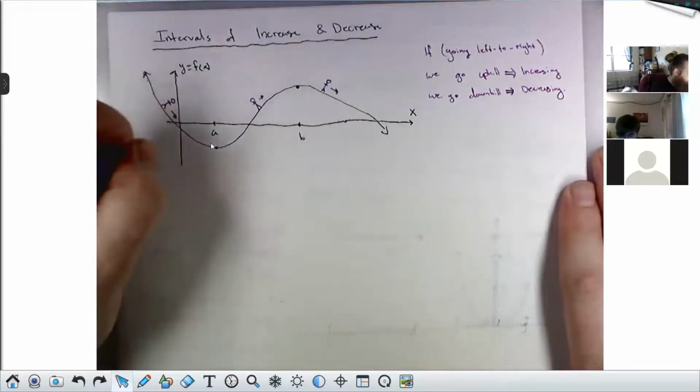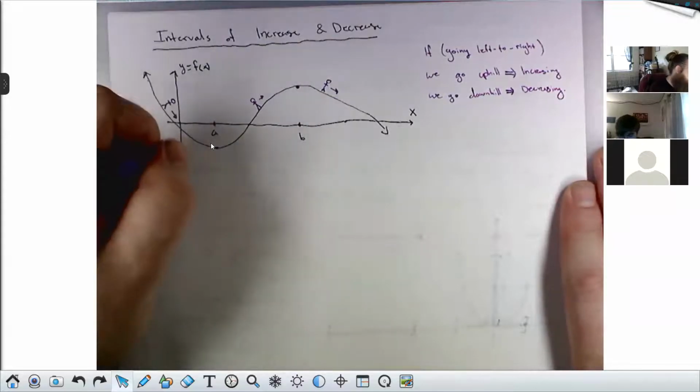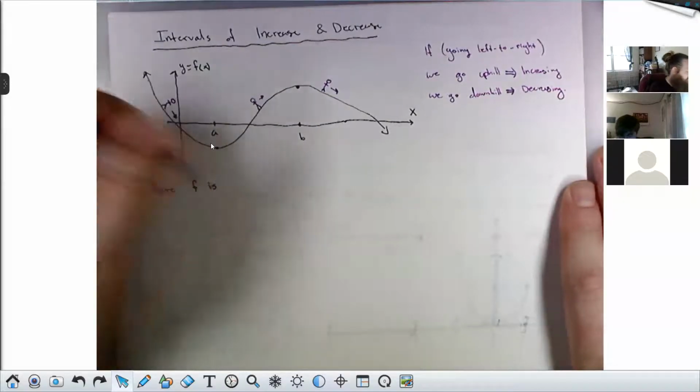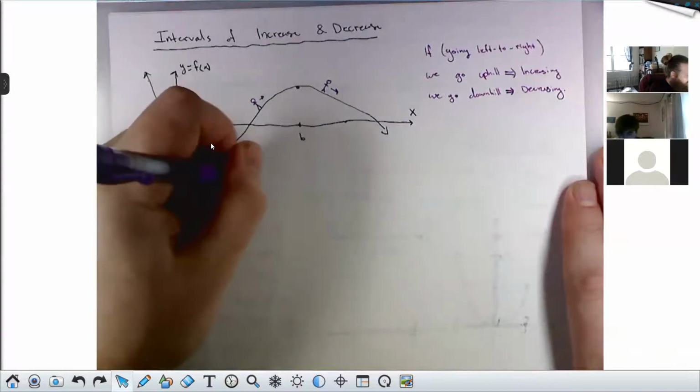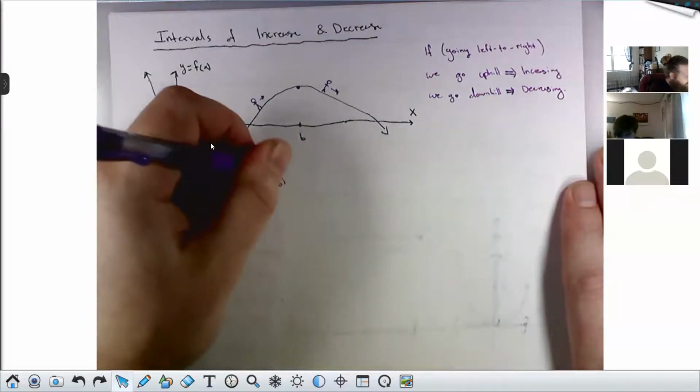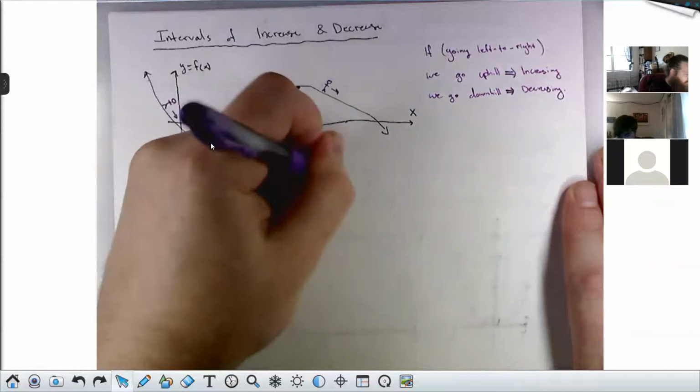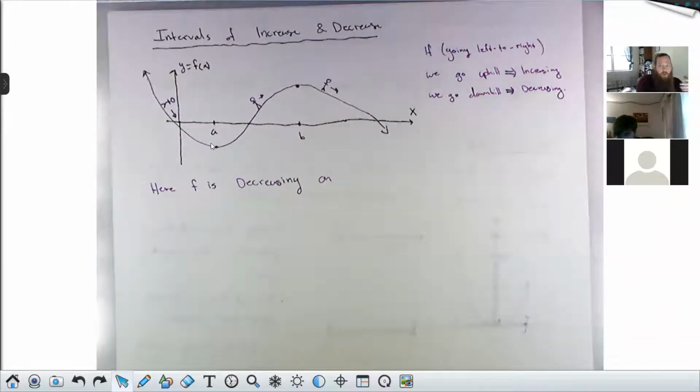So here, f is decreasing. And the language we use is decreasing on this interval or increasing on this interval. Here, f is decreasing on, well, everywhere to the left of A, right? This is all downhill, downhill, downhill.